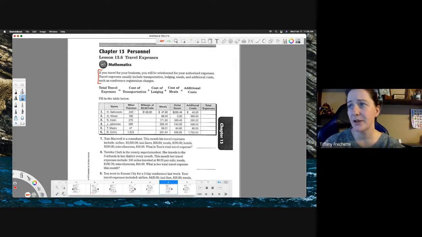So this person had to travel 240 miles. In order to get this 148.80, because we're going to have to calculate that for the rest of the table, you multiply by the mileage reimbursement per mile. That's what this means. So all of these employees get 62 cents for every mile they drive.